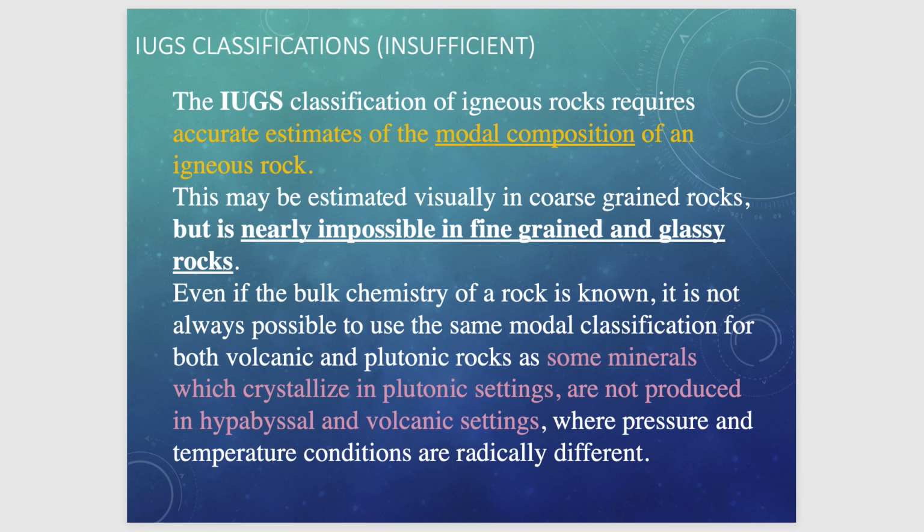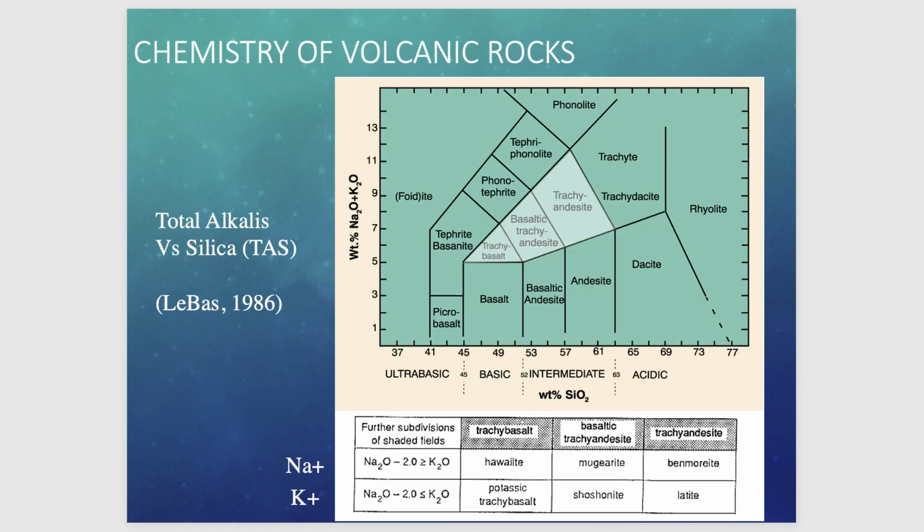I guess you have to rely on other classifications. So the key classification is the total alkali versus silica classification. This diagram is somewhat a better way of addressing the classification of volcanic rocks, but in this case, rather than using the mineralogy, it's using percentages of oxides.